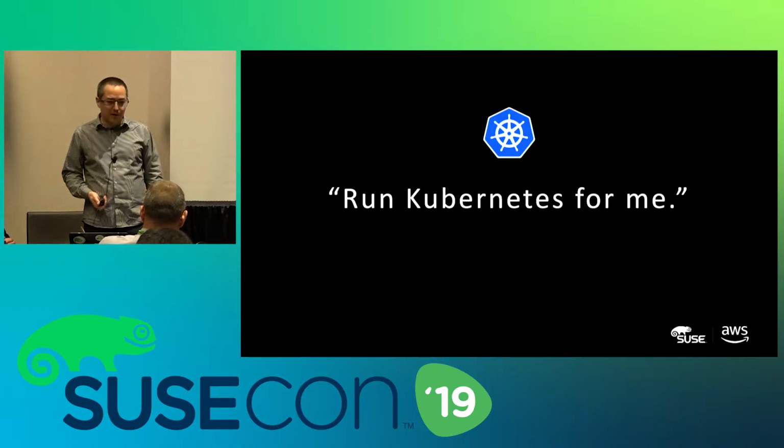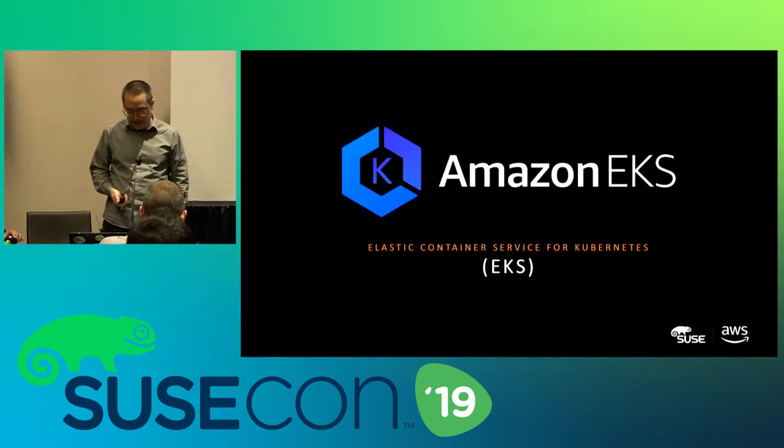There are a lot of nuances in how it's configured and how it's deployed. Managing the etcd data store can be really hard, especially in a high availability scenario. And then the master nodes also need to be configured. So essentially, the customers were saying, can you run it for us? So we built EKS.